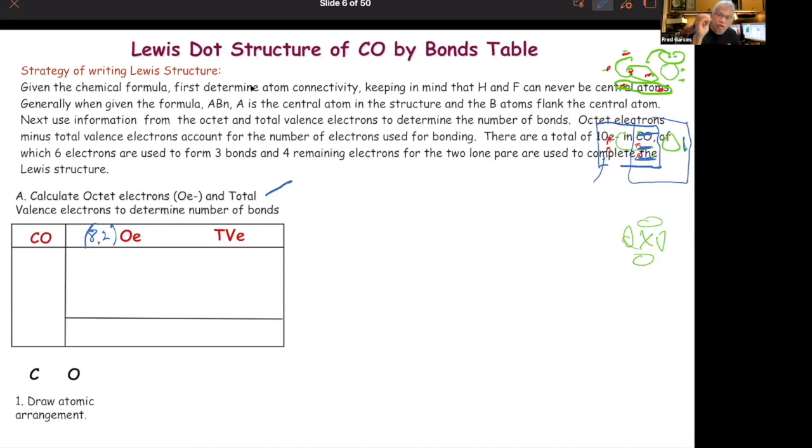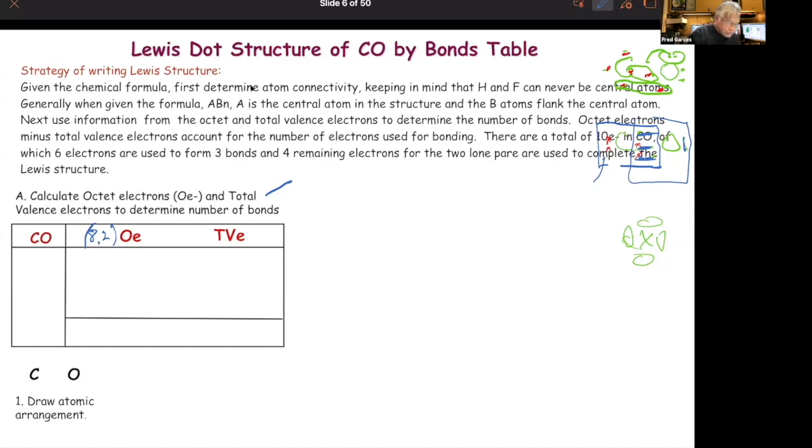That's how many electrons each atom is bringing in based on its number of electrons. Carbon brings in 4. Oxygen brings in 6. That's found in the periodic table. Hydrogen brings in 1. Nitrogen brings in 5. Phosphorus brings in 5. Those are the valence electrons.